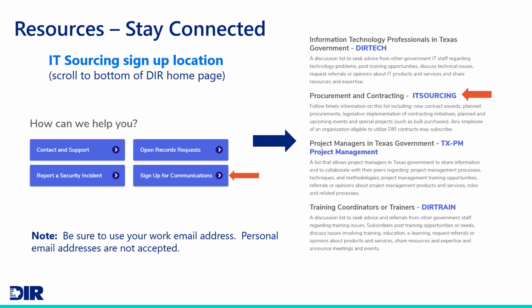And there are four blue boxes. One of them says sign up for communications. Once you click on that blue box, you'll be taken to several different things you can sign up for at DIR. The one I'm referencing here is the IT Sourcing Digest. So be sure to use a work email address because we don't take personal email addresses for that registration.